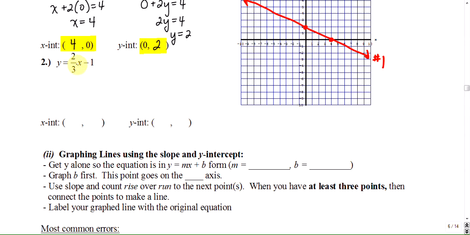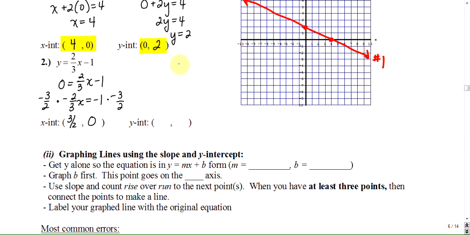This line is in y = mx + b form, or slope-intercept form. We can do the same thing with this, where we plug in 0 for y, subtract 2/3 from the other side, multiply both sides by -3/2, and we get 3/2 or 1.5 as the x-intercept and 0 as the y part of that x-intercept.